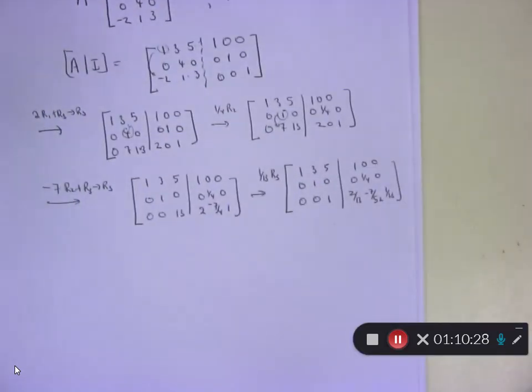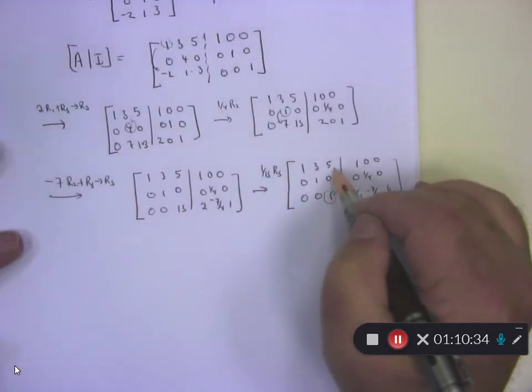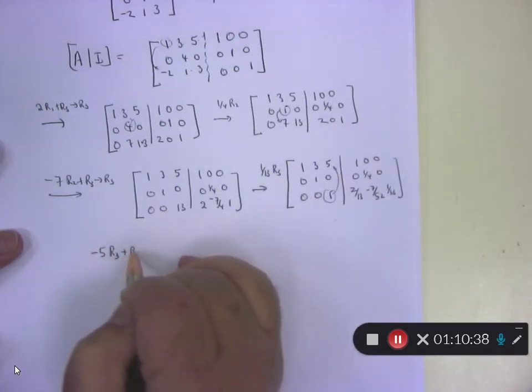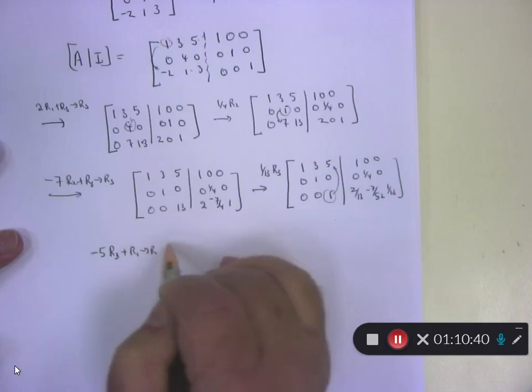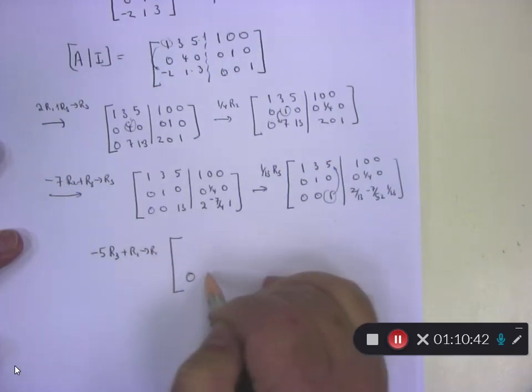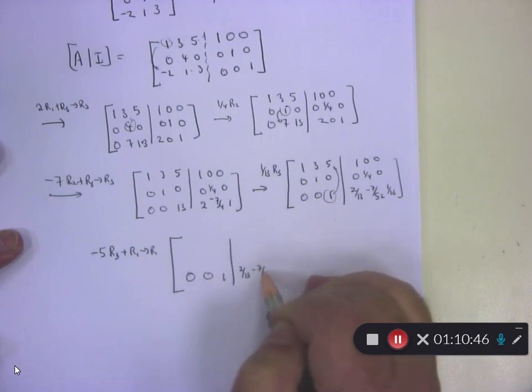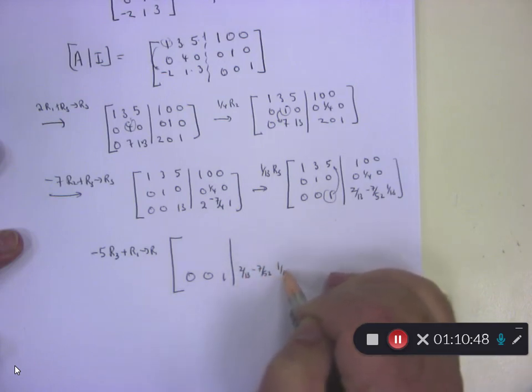Okay? And now I've got 2 moves left to make. What are my 2 moves left to make? I want to take this pivot and sweep up. That's negative 5 times row 3, added to row 1, replace row 1. This is going to give me 0, 0, 1 on the bottom, 2/13, negative 7 over 52, 1/13.